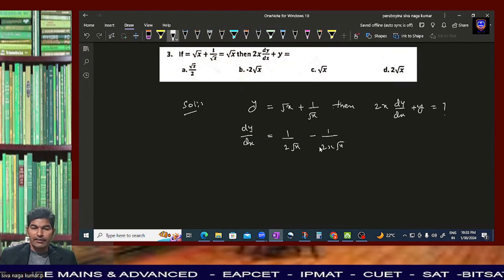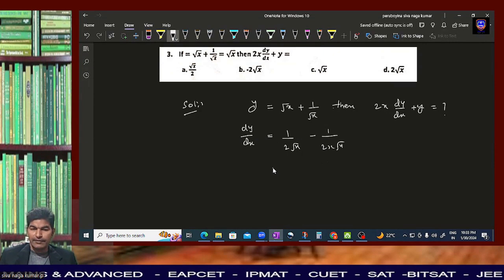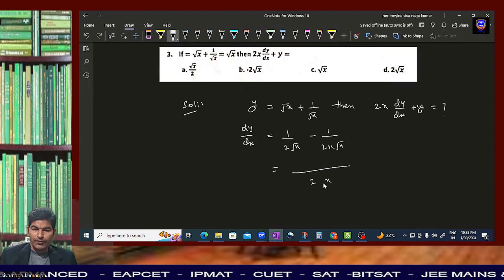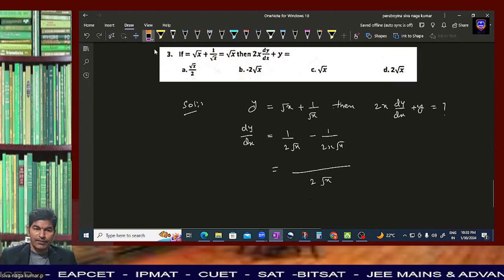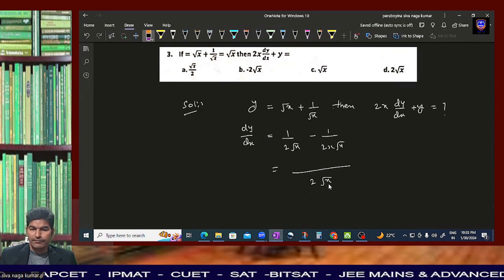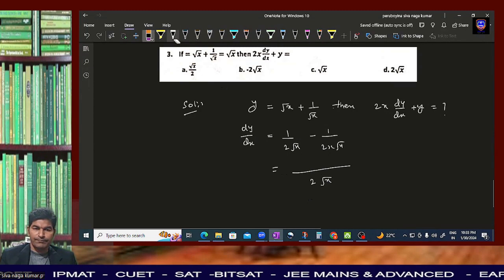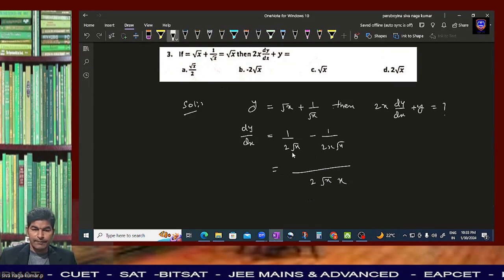What you can do first is take the LCM. The LCM is 2 root x or 2x. Taking 2x is better, but take 2x root x also. Fine, 2x root x is the LCM.